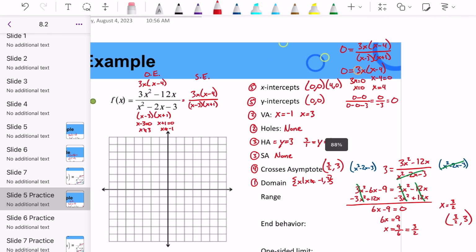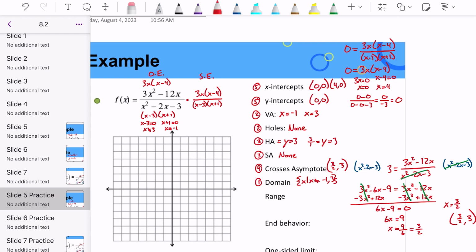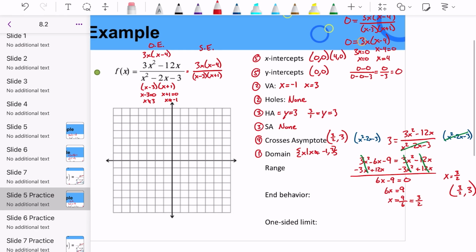At this point, this is the best location and the best time to go ahead and start writing down all of the values that we have. So we're going to go ahead. We start with our asymptotes. We have a vertical asymptote at -1 and 3.